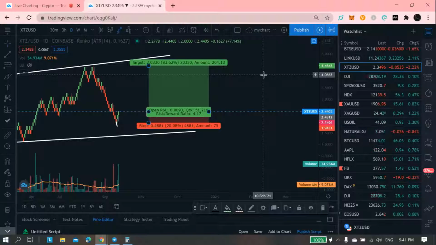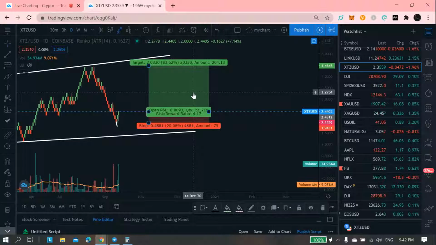So if it reaches my target of around 4.4, I could possibly get a gain of 83.62% if I'm using one times leverage.